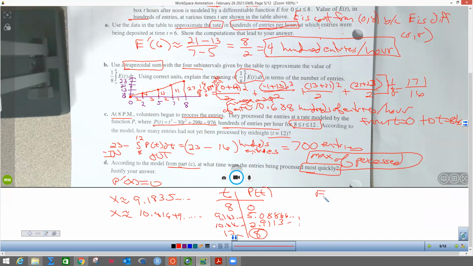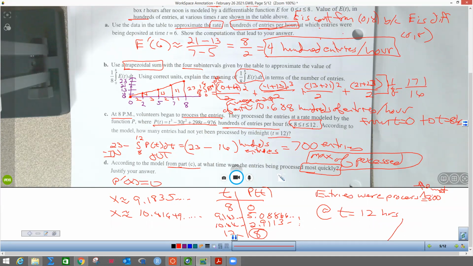So I would say entries were processed at 800, or you can write down 800 entries were processed, I should say here, the fastest or the most, equal to 800 at t equals 12 hours, or you might say at midnight, however you would like to say that.